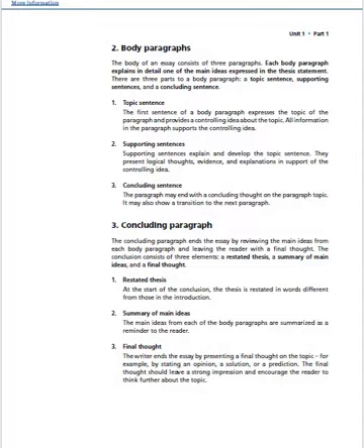There are 3 parts of body paragraphs: a topic sentence, supporting sentences, and concluding sentence. So what is a topic sentence? The first sentence of a body paragraph expresses the topic of the paragraph and provides a controlling idea about the topic. All information in the paragraph supports the controlling idea.